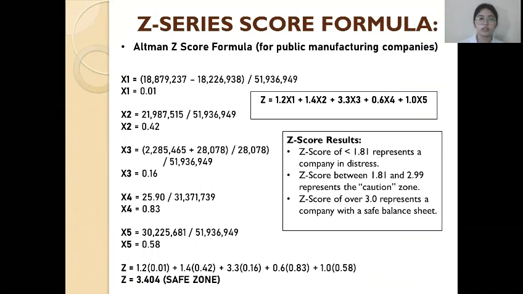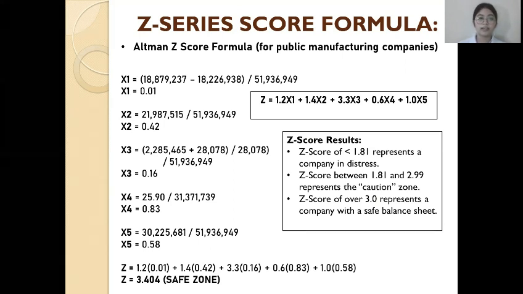So for X1, as stated in the formula, it is calculated by getting the working capital, which is total current assets, 18.8 million minus total current liabilities, 18.2 million divided by total assets equals 0.01. For X2, we get the retained earnings of 21.9 million divided by the total assets, 51.9 million equals 0.42.